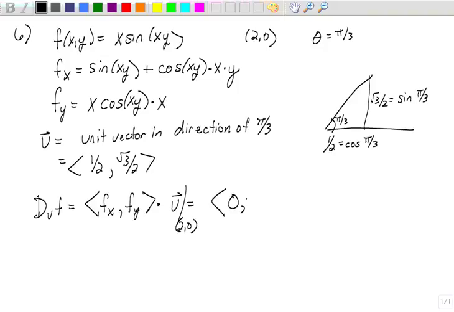And f_y at 2, 0 is 4 times the cosine of 0, which is 1. So that's going to be 0 plus 2 square root of 3.